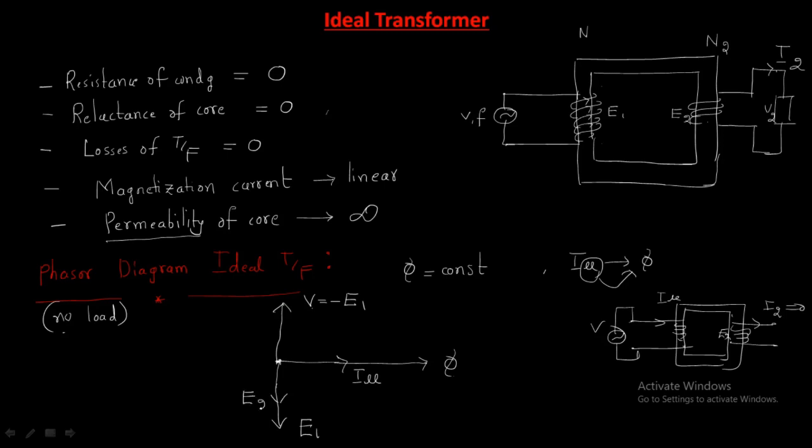Why E2 will be less? E1 and E2 are both in the same phasor, both in 180 degrees phase shift by Lenz's law. So minus E1 is due to Lenz's law.